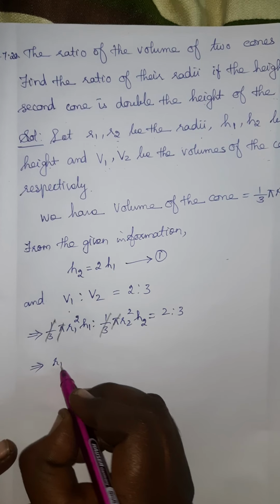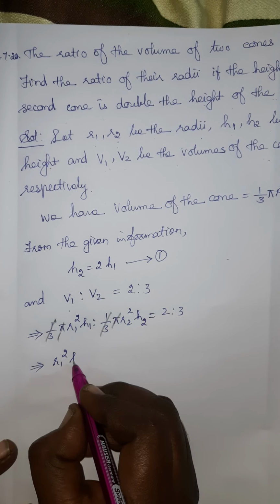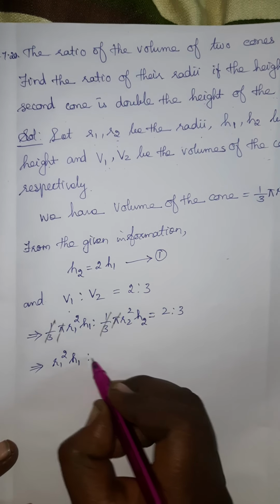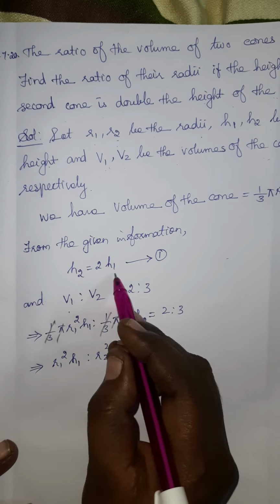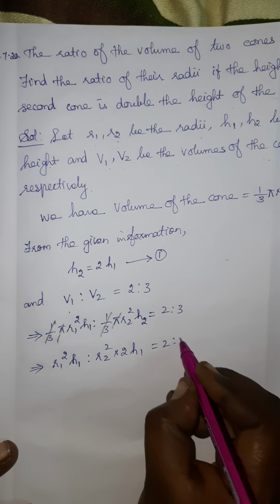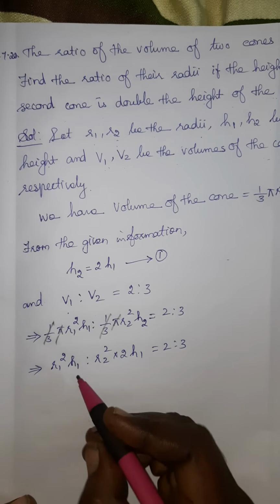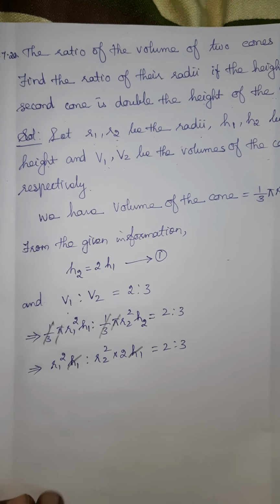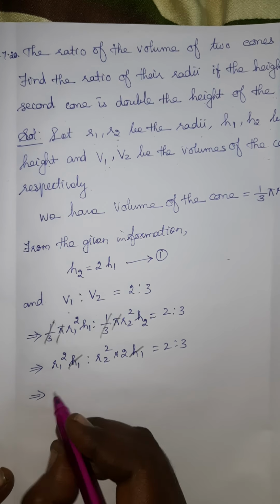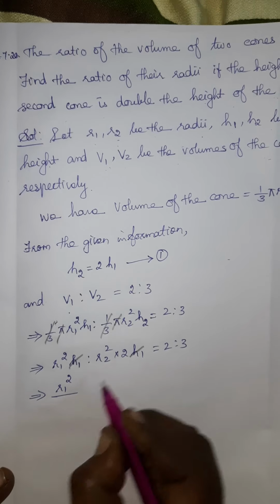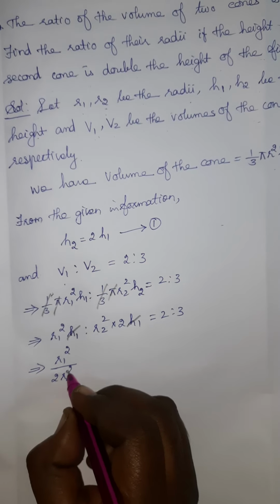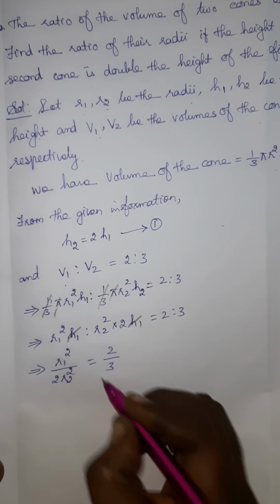So you will get R1 square h1 is to R2 square h2, and in the place of h2 you write 2h1, equal to 2:3. Here you can cancel the h1. So we write this ratio in the fraction form: R1 square divided by 2R2 square is equal to 2/3.